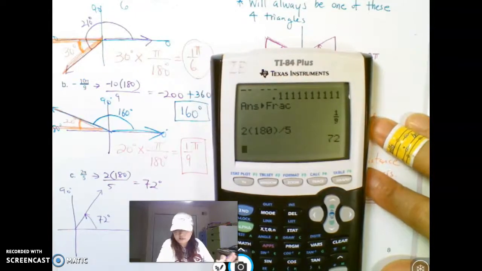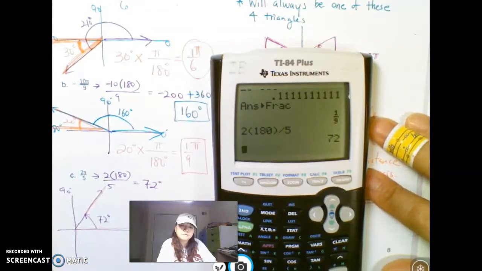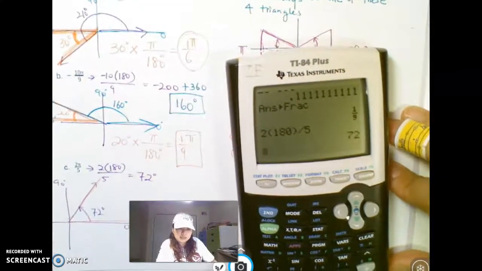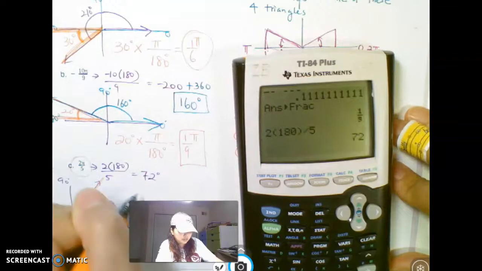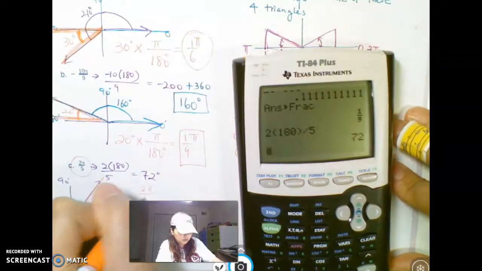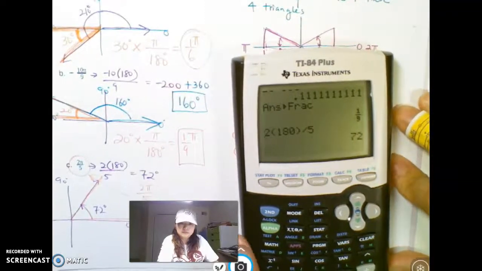That's already a reference angle because this is the terminal side and this is the x-axis. So the reference angle is actually itself, 72 degrees. Now, is that the answer? Yes, but we have to convert to radians, and in this case, why would you? The answer is just right there. So it'll be 2 pi over 5.